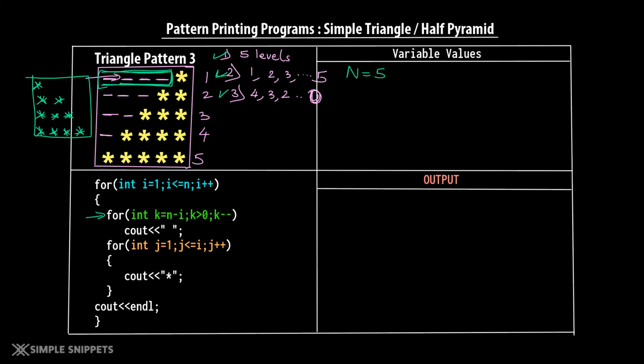So let's try to dry run this entire code and see how this pattern is generated over here in the output section. So starting off with dry running, the basic idea of dry running is to take all the variables in the for loops or in the entire code and track down the values of those variables step by step.